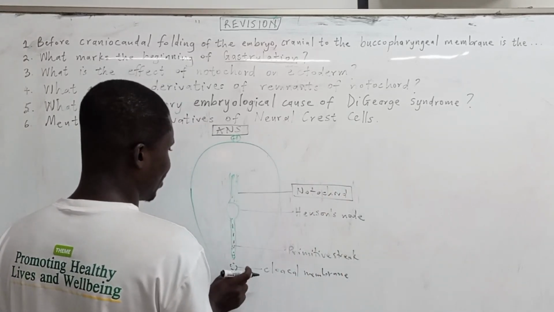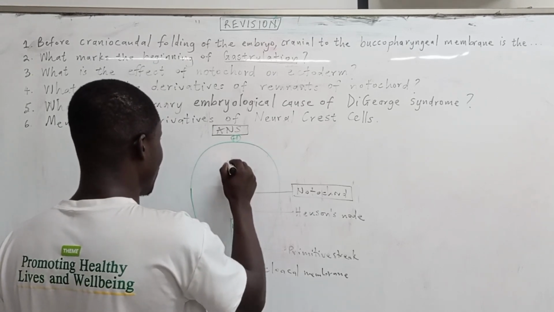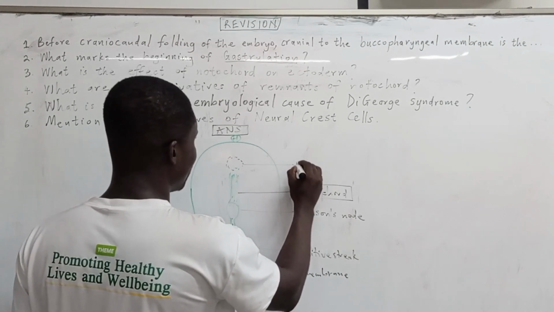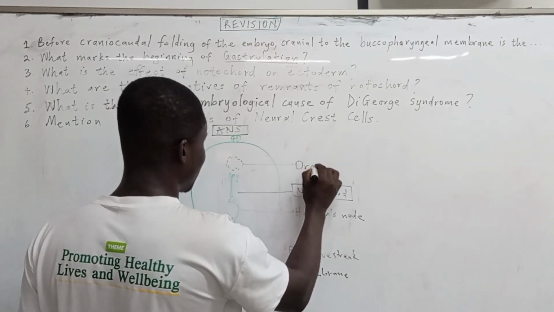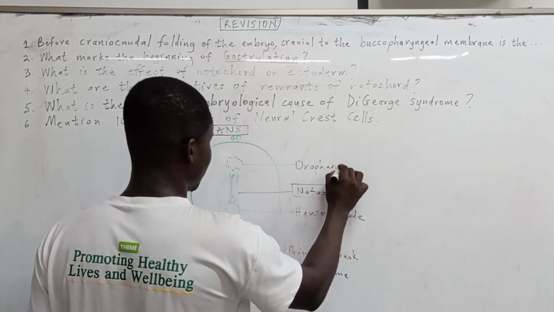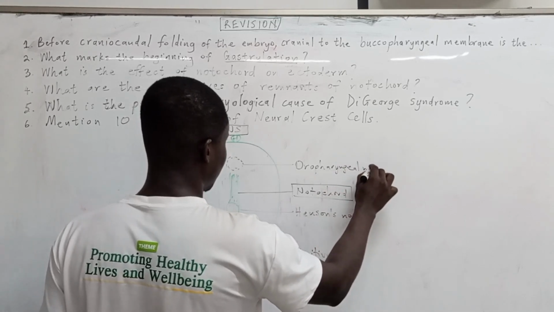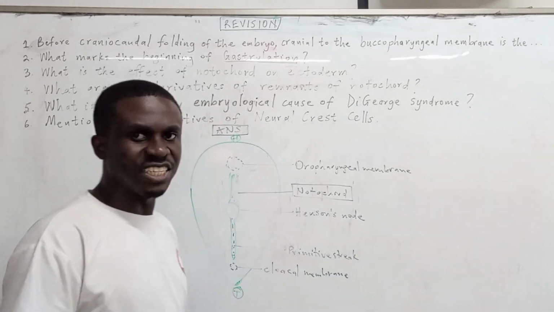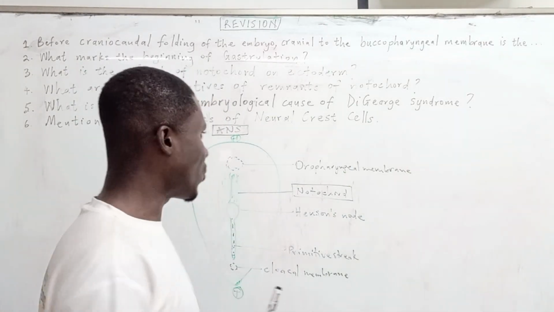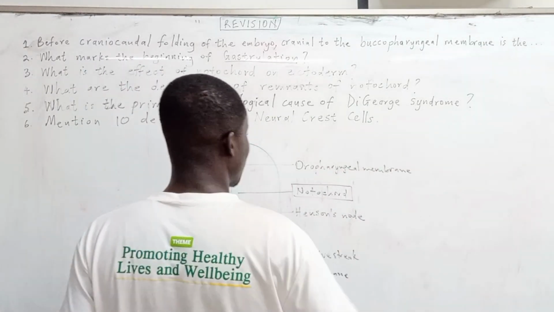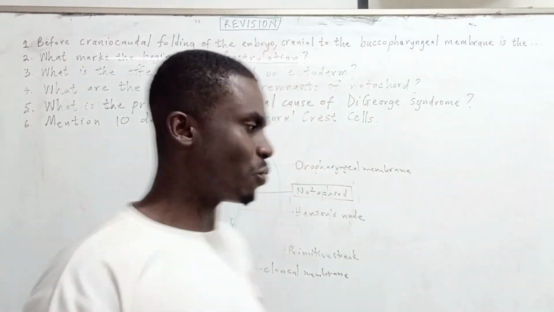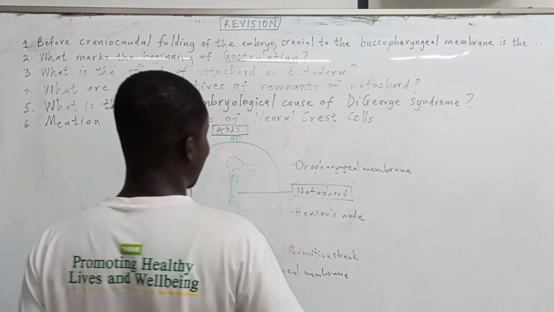Now, just like we have the cloacal membrane, the future opening of the mouth in the cranial region is what we call the buccal or the oropharyngeal membrane. Initially, this oropharyngeal membrane was the prochordal plate. Yes, we've seen that prochordal plate. Okay, so that is what we are going to see.